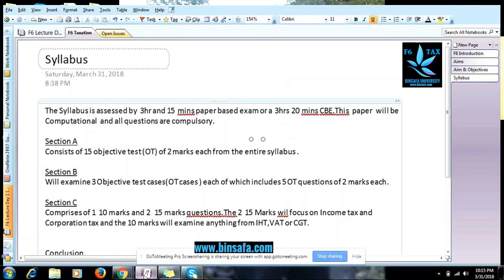Income tax is by far the longest and the most important part of this syllabus. So we'll be focusing on the income tax chapter first and foremost, so that we qualify. If you do this chapter very well, hopefully we can qualify the paper easily. This is the F6 paper.